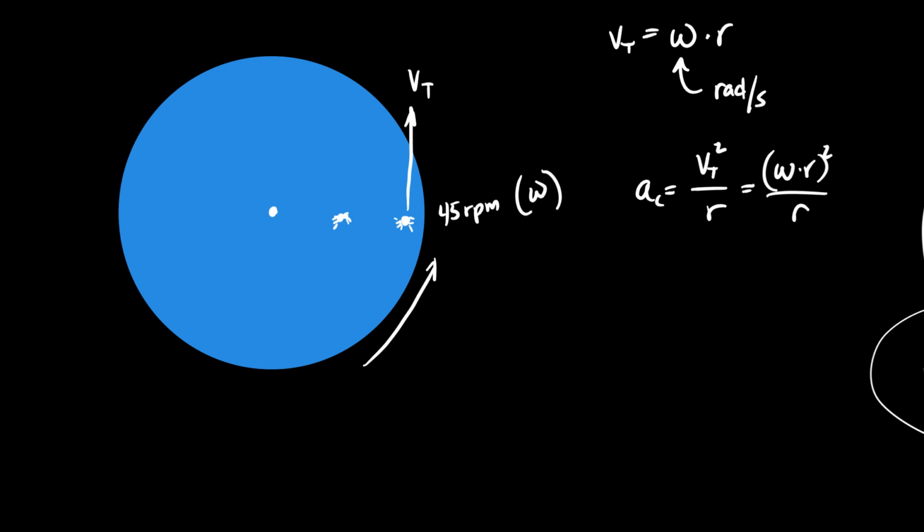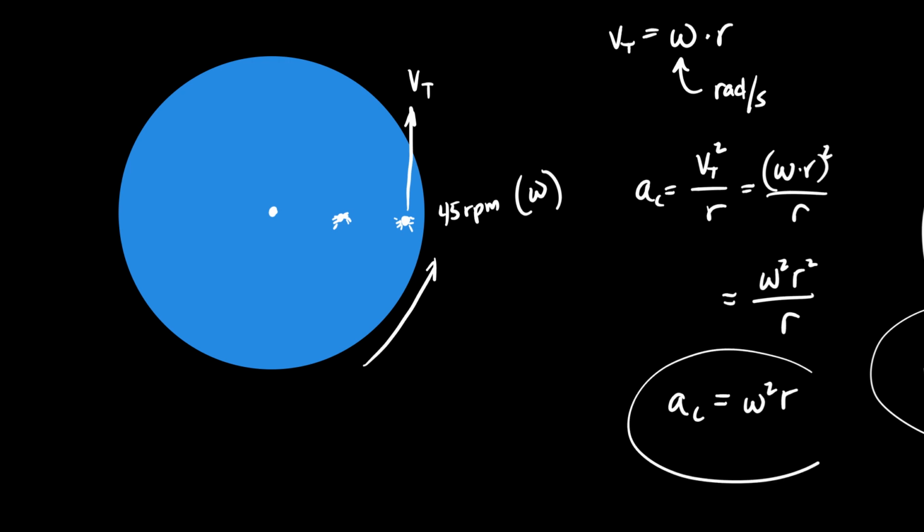That's based on the angular speed and not the linear speed. It will require that I do some arithmetic on the right side there. I'll have to expand that square, and then I can divide out one of the r's, and I get a different way of dealing with centripetal acceleration, a way that has to deal with angular speed and not linear speed.